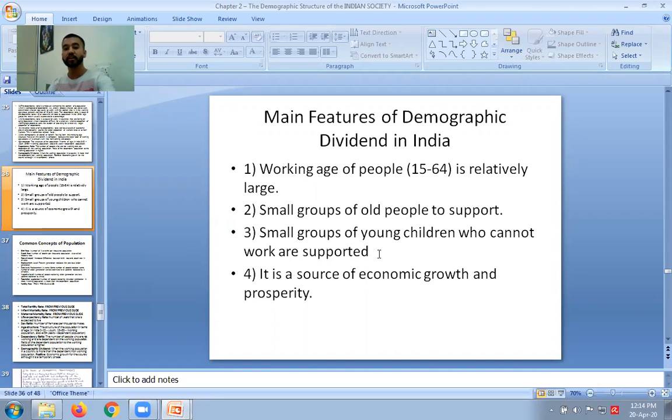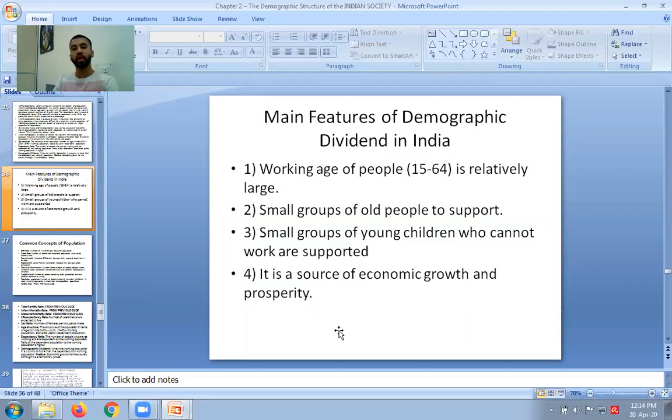It's not like only old people are supported; small children who cannot work are also supported. So this is the third feature. And it is a source of economic growth and prosperity. Look, when there are more working people in a country, then a country always grows economically. We always become prosperous, meaning the state of being successful, especially in terms of economy, right? So we all know that demographic dividend is a source of economic growth and prosperity.